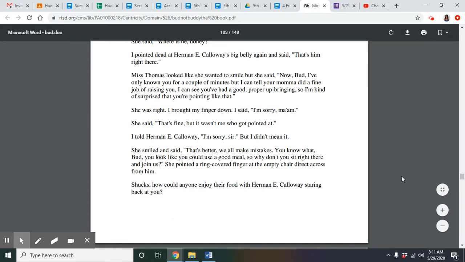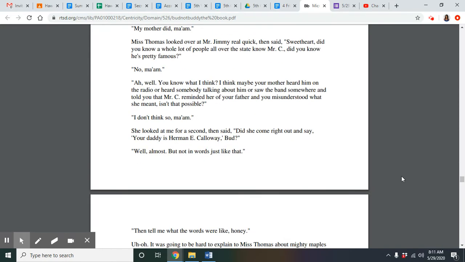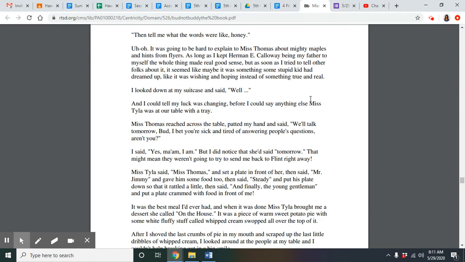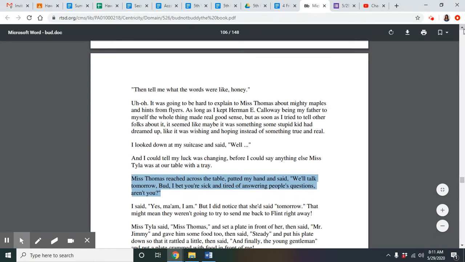You're going to read page 104, page 105, 106. Once you get to page 106, this is where you're going to stop after this paragraph. It looks like it's in the beginning, about a third of the way down the page. Stop after this paragraph.